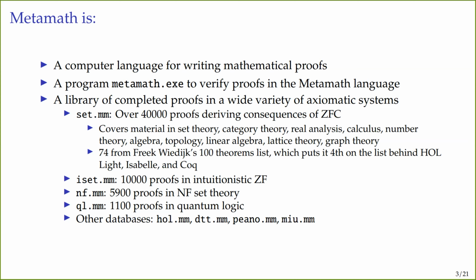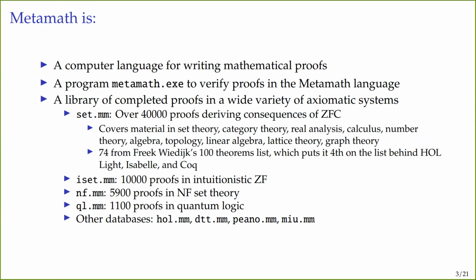And this covers a whole bunch of different areas of mathematics, including 74 of Freek Wiedijk's list, which puts it up there with some of the larger theorem provers. There are other databases as well. iset.mm is deriving proofs in intuitionistic ZF set theory.